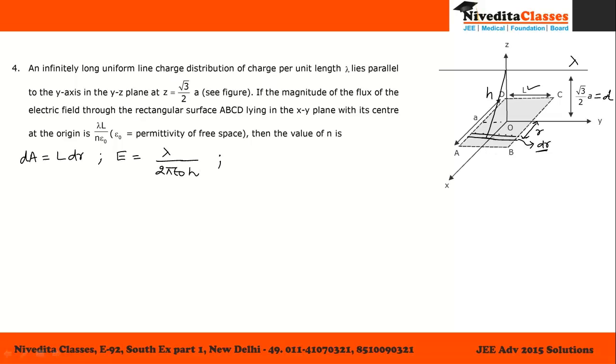Now the area vector is in the downward direction and the electric field is in this direction, so they make an angle theta with each other. To find the dot product we need the value of cos theta, which we can calculate from this small triangle.